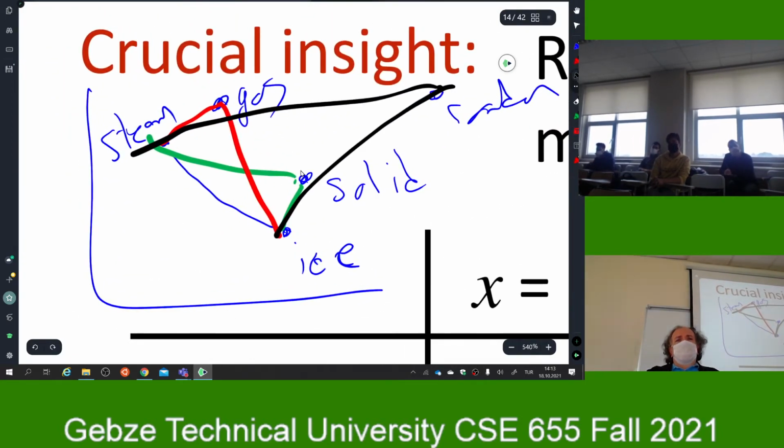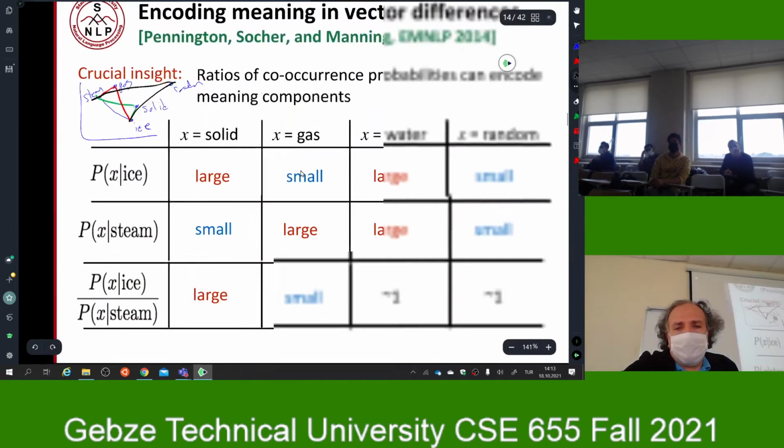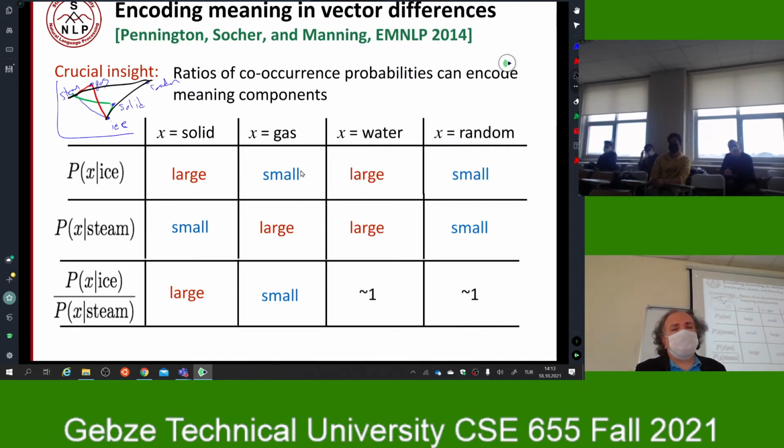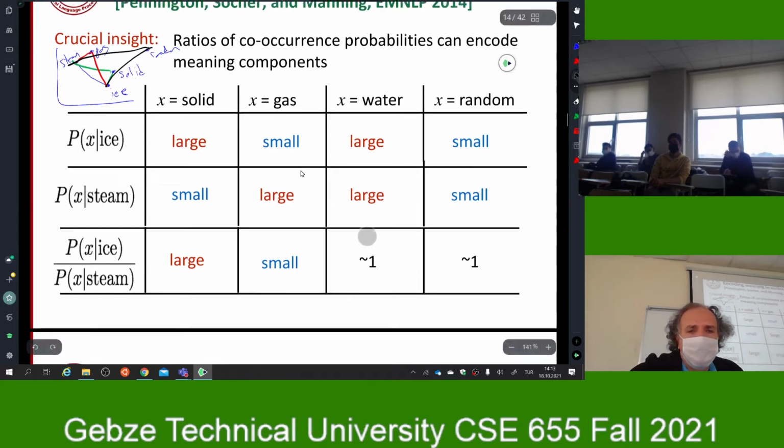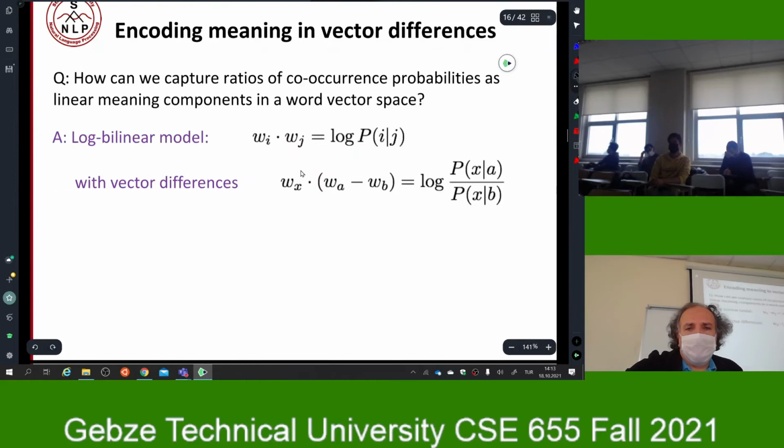So I am not just trying to determine their positions relative to each other. I am adjusting the positions of the other words, the third word, gas, solid, and random, according to this relationship. This makes it much better. That's why these ratios are important. Use these ratios to come up with your vectors. The results are going to be much better.